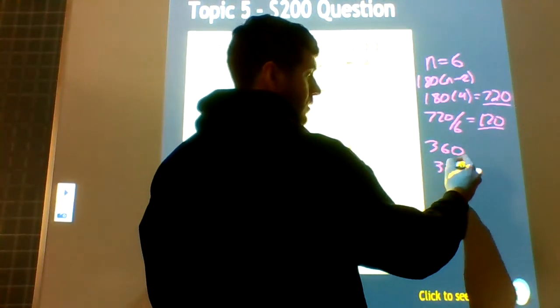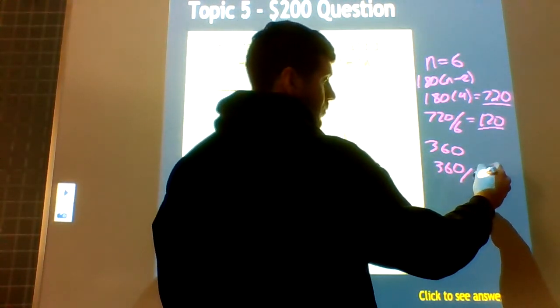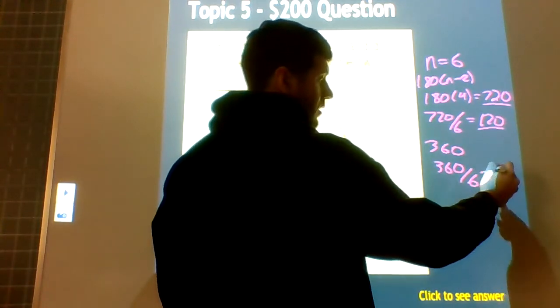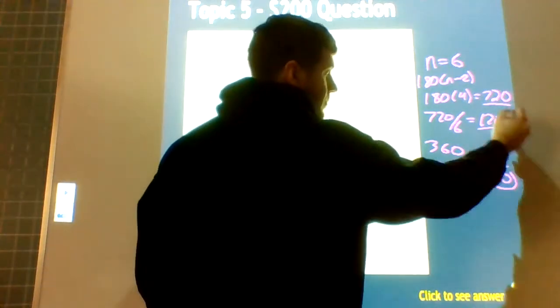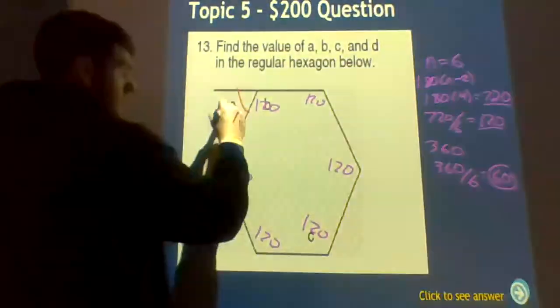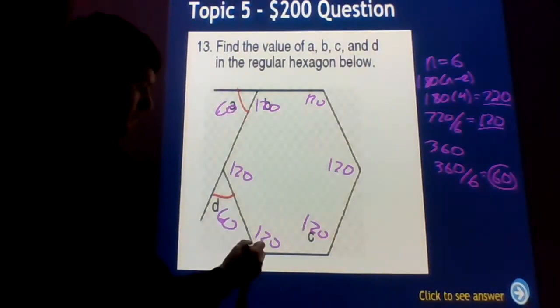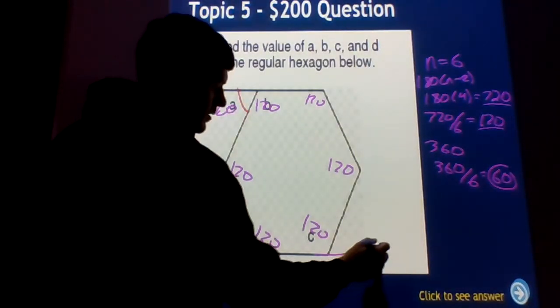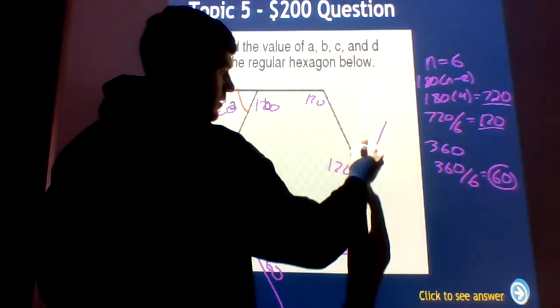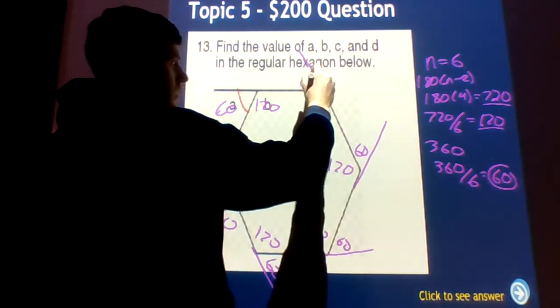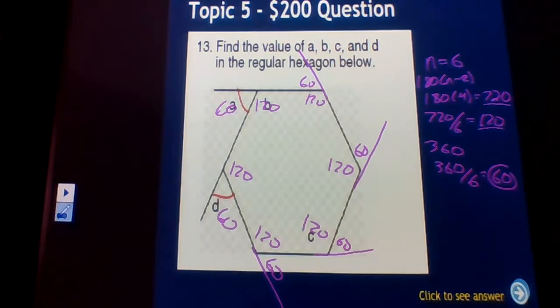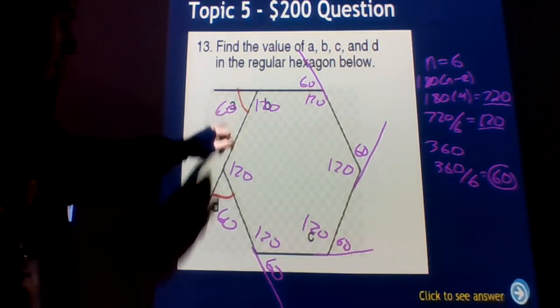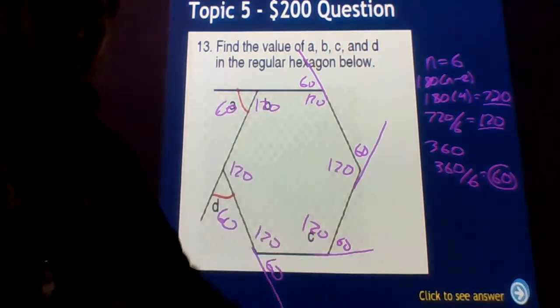So to find each exterior, you do 360 divided by the number of exterior angles, which is 6. So it's going to be 60. So this is 60, 60, 60, 60, 60, 60. So A and D are 60, B and C are 120 each.